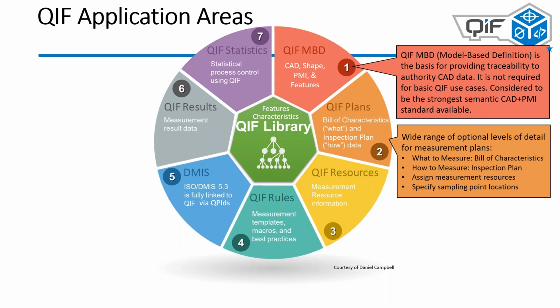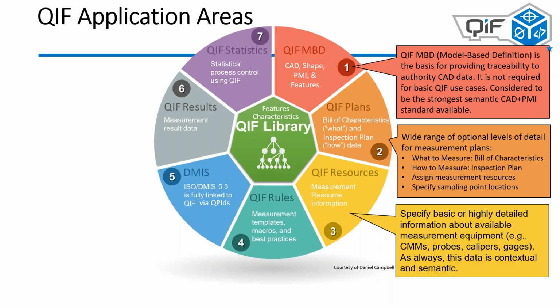Another application, as we mentioned before, is the QIF plans, which contain your measurement scope, your bill of characteristics. As you augment it with the how, or methods, that creates an inspection plan. Then as we think about automating, we knew that we need to represent our measurement resources.